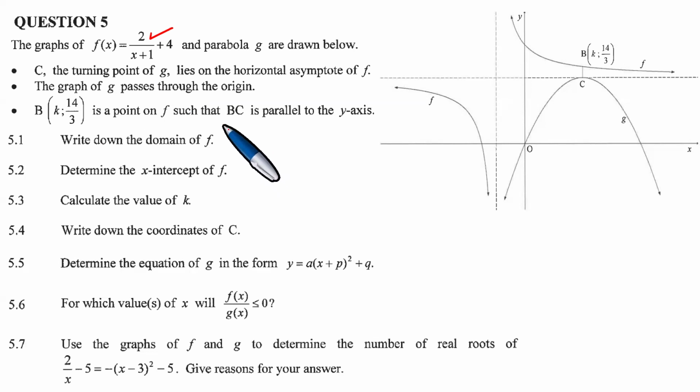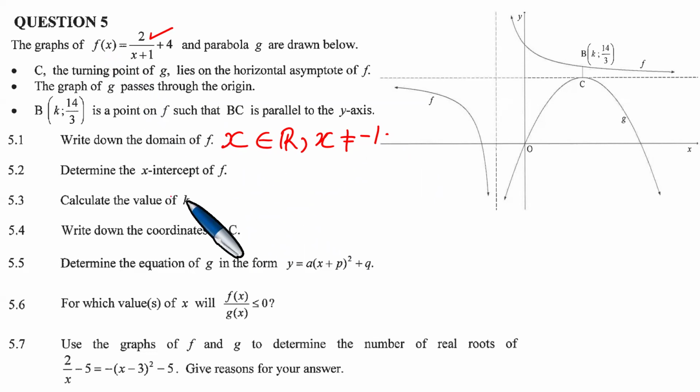So in other words, the domain has to be x, an element of all real numbers, such that x itself is not equal to -1. And this is the domain of the function f.